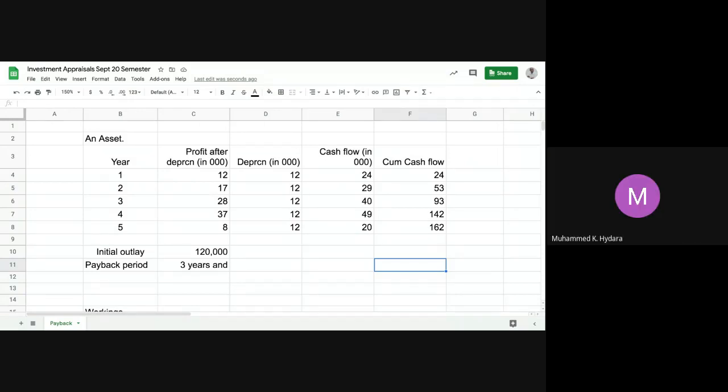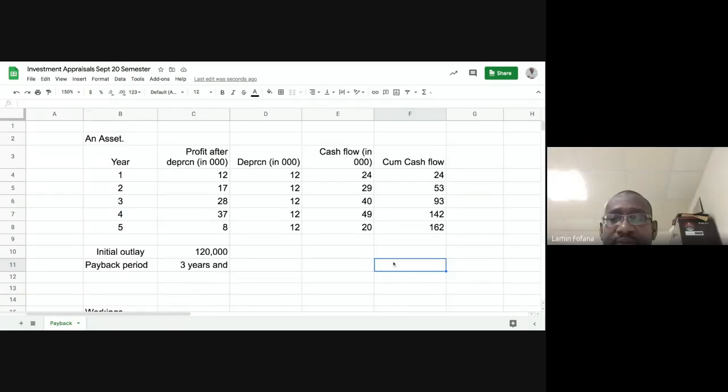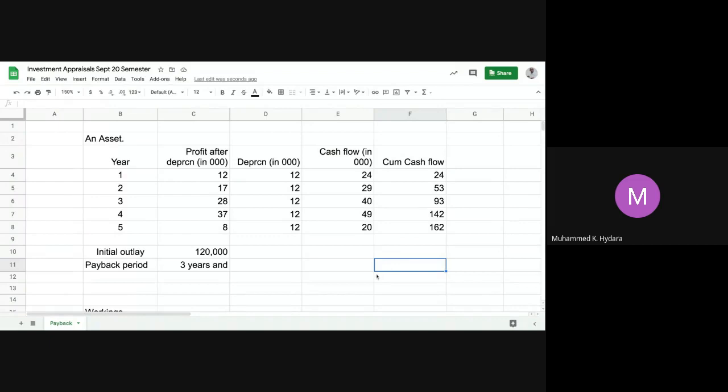Yes, I think, let me try, Mr. Fofana. Yes, go ahead. After we know that after 3 years, then in the subsequent year, that is year 4, we will need some months from that year for us to exhaust the 120. I think it's going to be the 120 minus our third year results, that is 93.